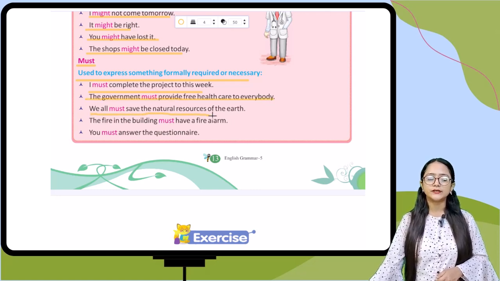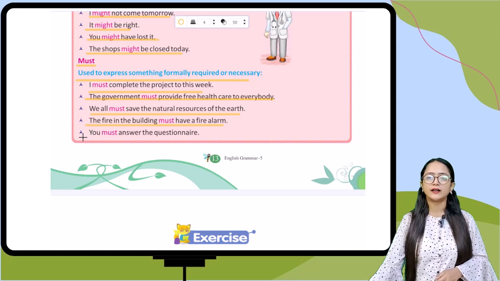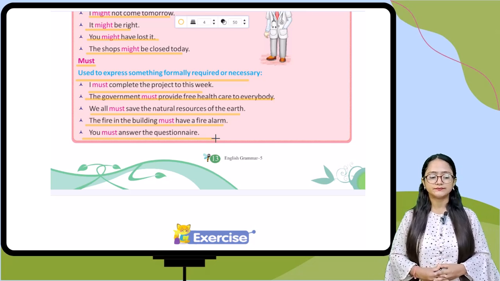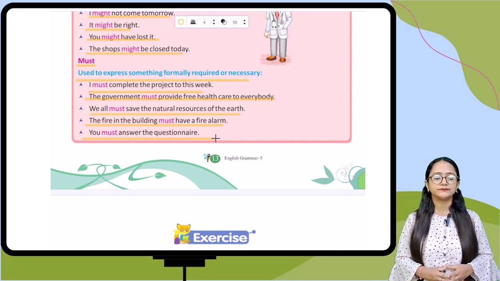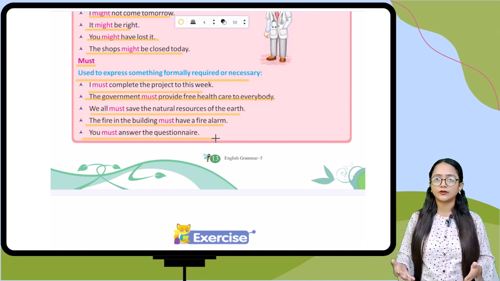We all must save the natural resources of the earth. Next, the building must have a fire alarm. Next one, you must answer the questionnaire. So here it is expressing something which is formally required or necessary.